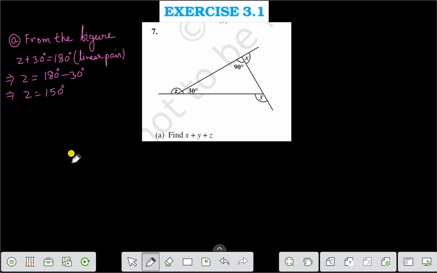Now, if we find this one, x plus 90. Again, you can write from the figure that x plus 90 degree is also equal to 180 degree. This is also a linear pair.